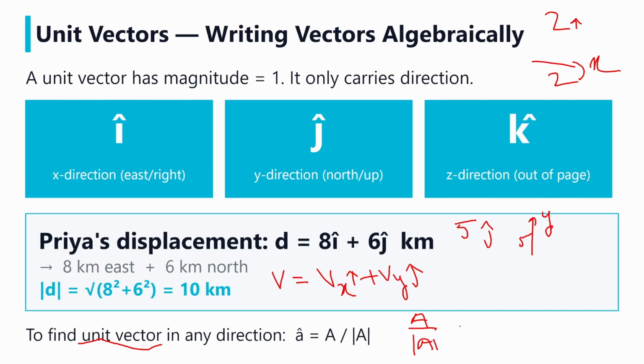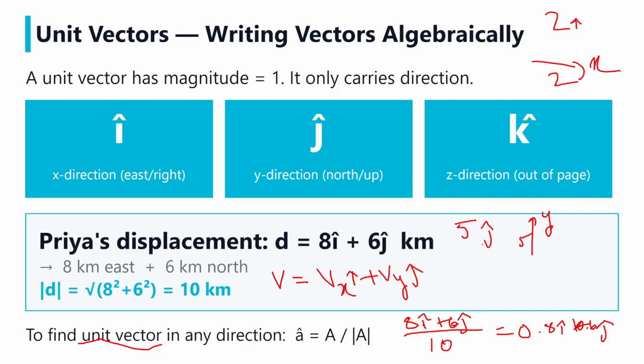So let's try and find the direction of Priya's displacement. So it's going to be the vector first, which is 8 I cap plus 6 j cap, right? And its magnitude, that's just 10. So this is basically going to be 0.8 I cap plus 0.6 j cap.